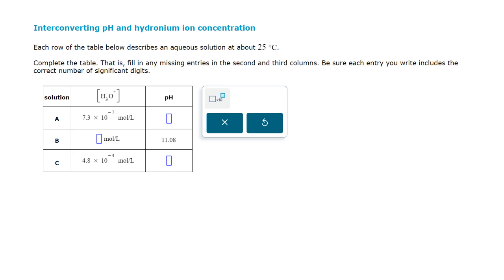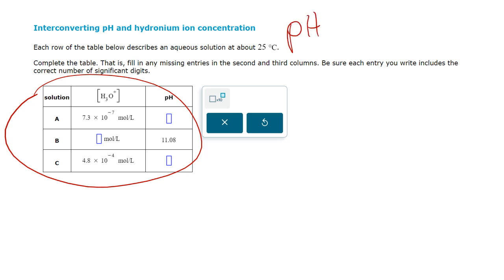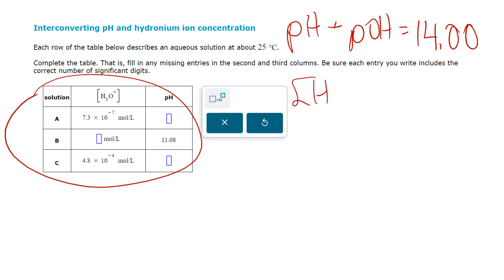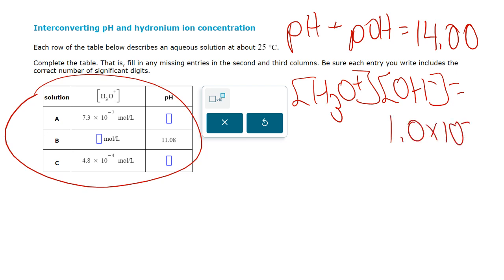So here we have to find concentration and we have to find pH. Remember, pH plus pOH, and let's just write 14.00. And then we also know that concentration of H3O plus times concentration of OH minus is 1.0 times 10 to the negative 14th, meaning all pHs are going to have 2 decimal places because there's 2 sig figs here.